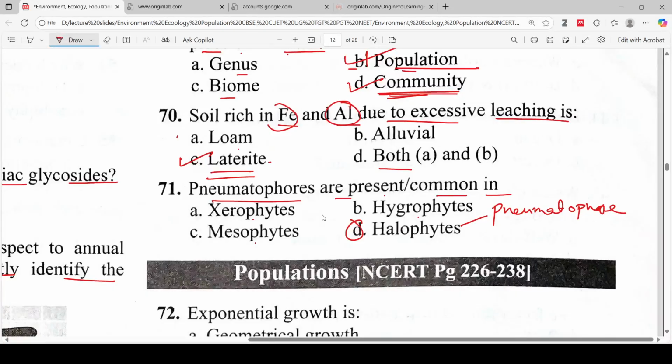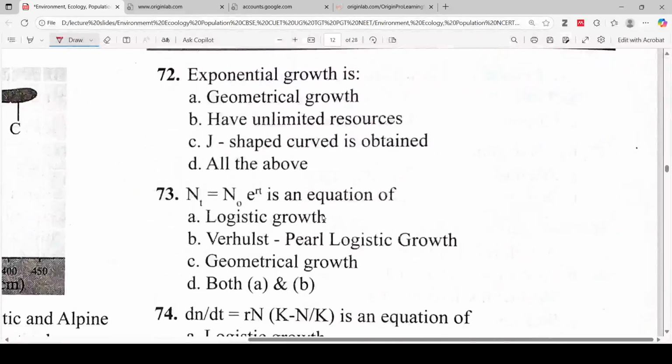So next section, population. Next question. Exponential growth is: geometrical growth with unlimited resources, J-shaped curve is obtained, all of the above. So the correct answer will be all of the above.